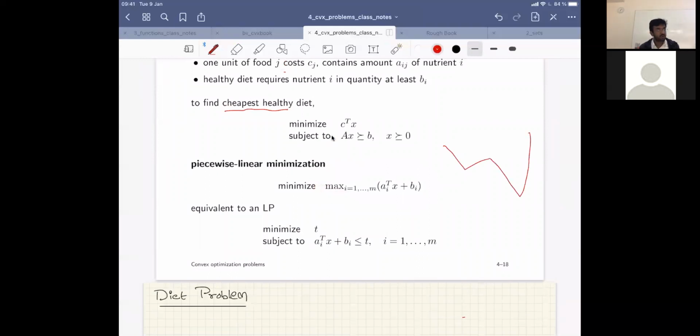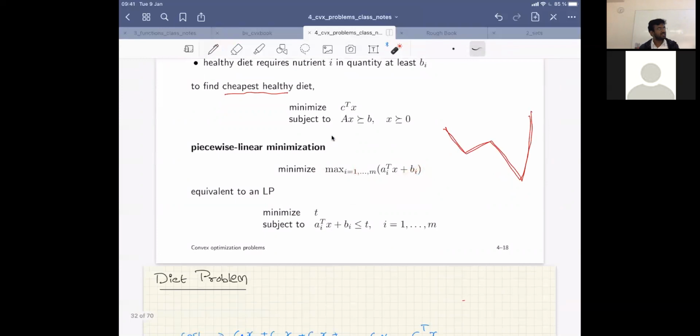In this case, this is not convex, right? This is linear, linear, linear, and again linear. This is a piecewise linear function. This is not convex. So you cannot do this for any piecewise linear function. You can do it only for this kind of function, where the resulting function will be convex.